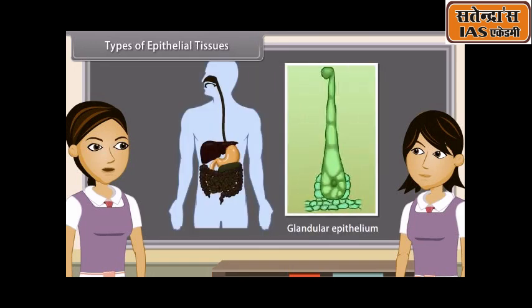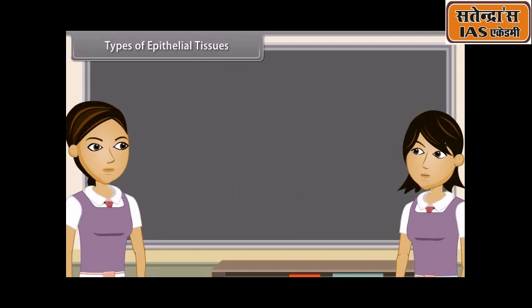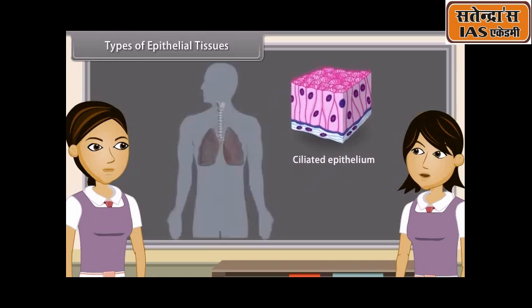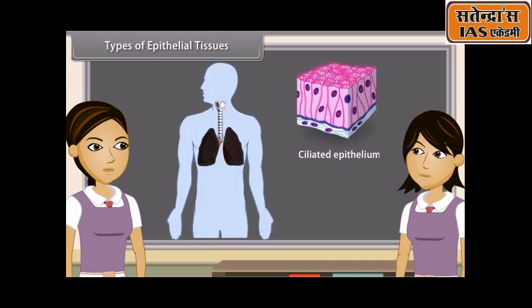It is found in the mucous membrane of stomach, sweat, and oil glands. Do you know that some cuboidal or columnar cells have a free border which bears thread-like cytoplasmic outgrowths known as cilia? These cells form the ciliated epithelium. It is found in sperm ducts, trachea, bronchi, kidney tubules, and oviducts.